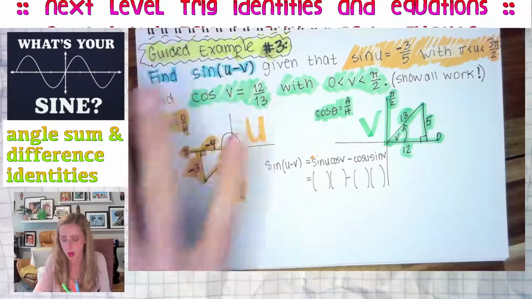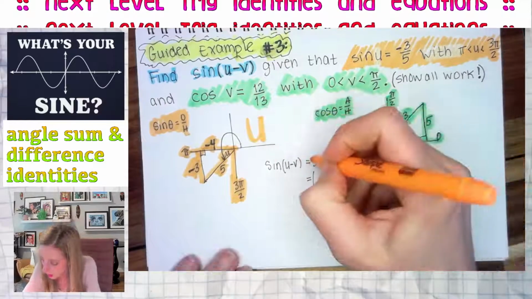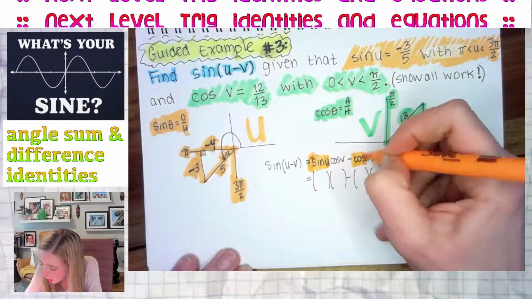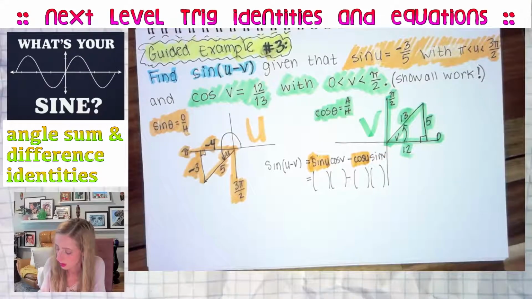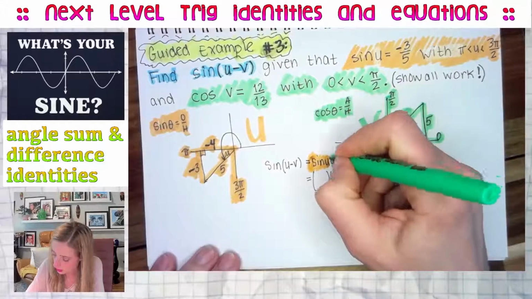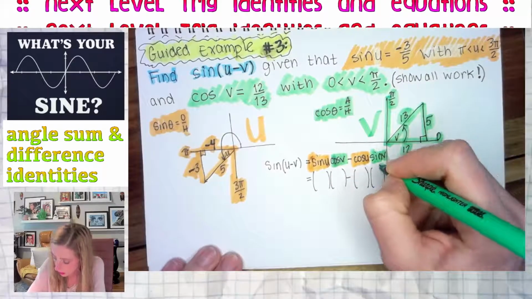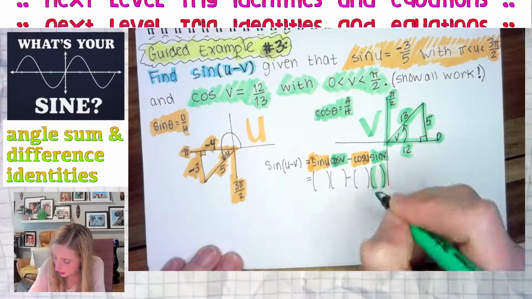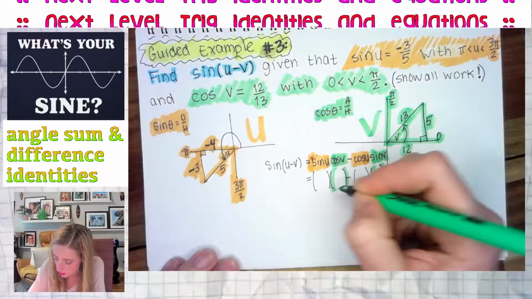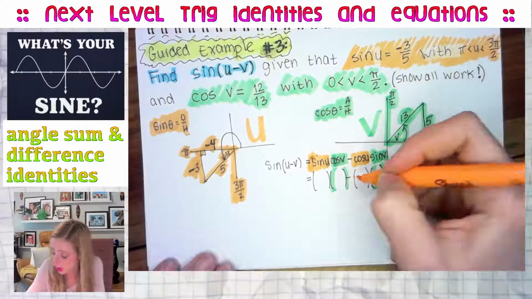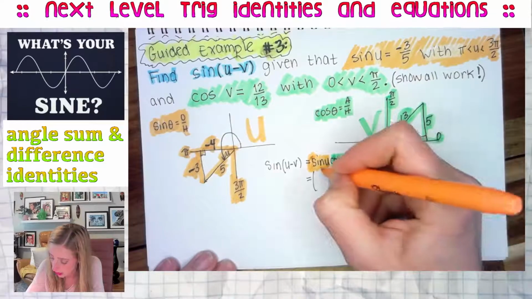So U stuff, orange, V stuff, green. So orange, orange, green, green, okay? So we're going to get answers when you find the sine or the cosine or the tangent, whatever, of an angle. Your answer is a ratio, proportion of two sides.